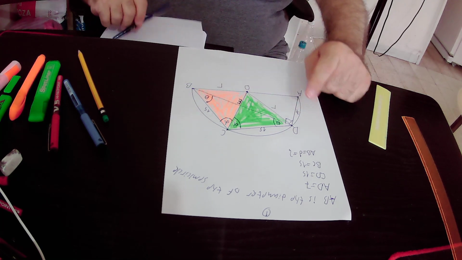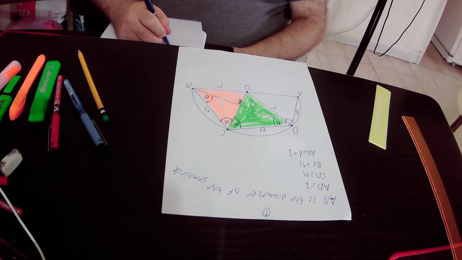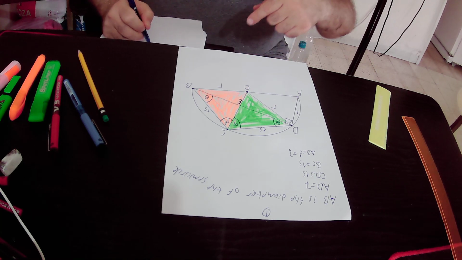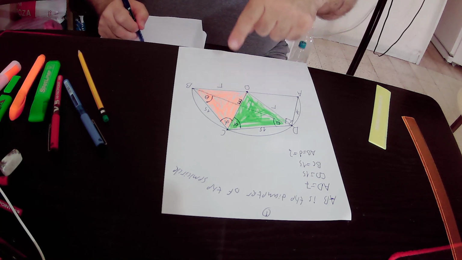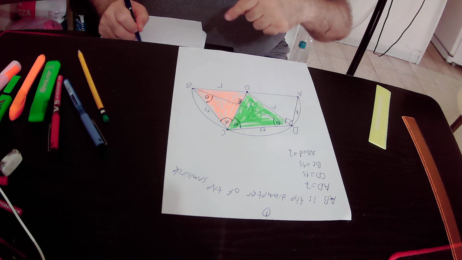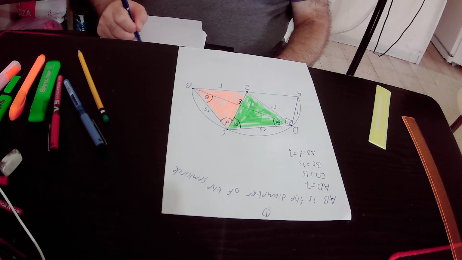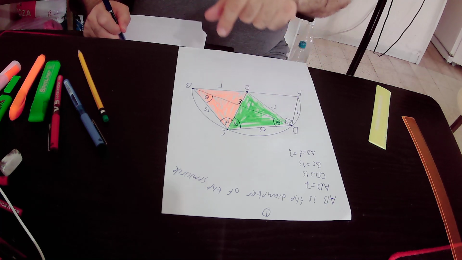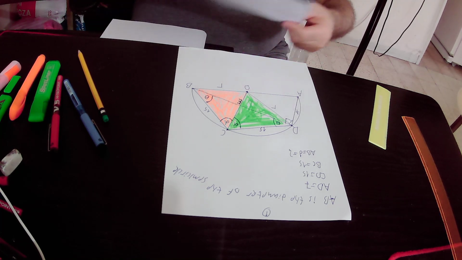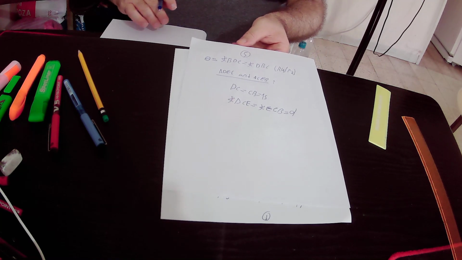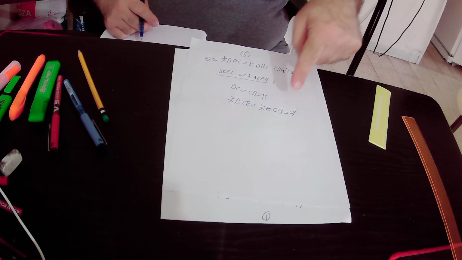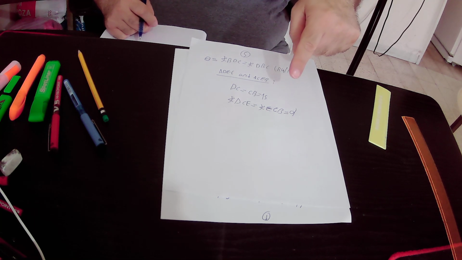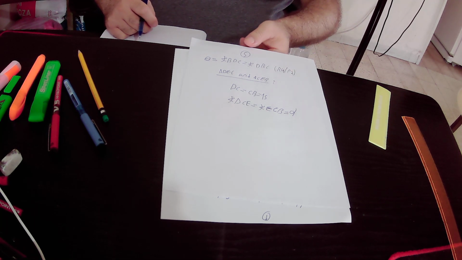So angle DCE in the green triangle equals angle ECB in the orange triangle, both those two angles are equal to alpha according to our definition. Again, angle DCE in the green triangle equals angle ECB in the orange triangle, and both those two angles are equal to alpha in their sizes.